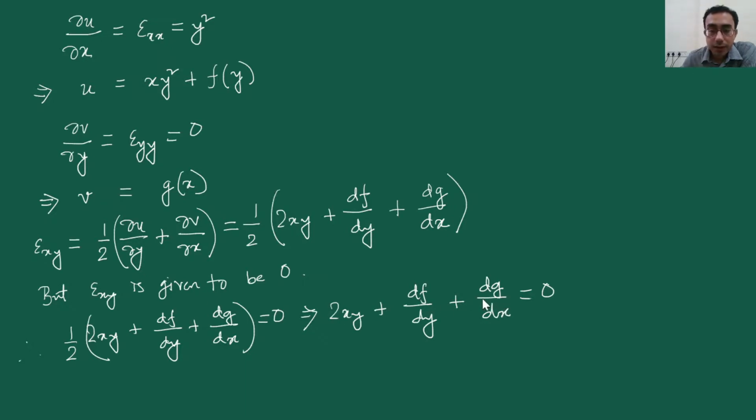And then suppose if this twice xy was not present, then you could have obtained a nice equation that k plus c is equal to 0. That could have been satisfied. But no matter what you do here, this twice xy is always remaining there. So this equation can never be satisfied.